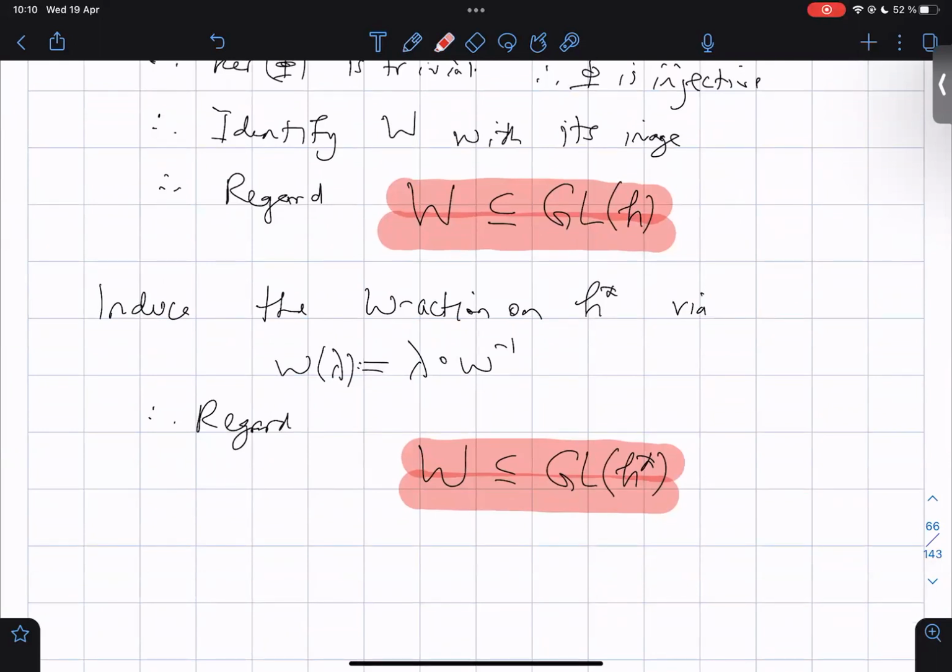You can think of this Weyl group as being canonically associated with this choice of H. There were two choices lurking in the background: this choice of H, this choice of simple roots.